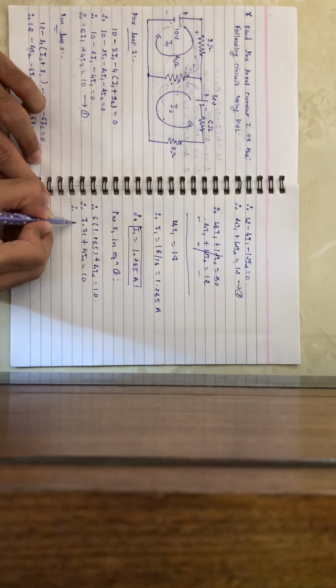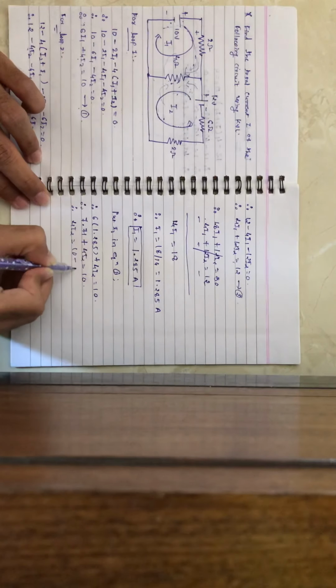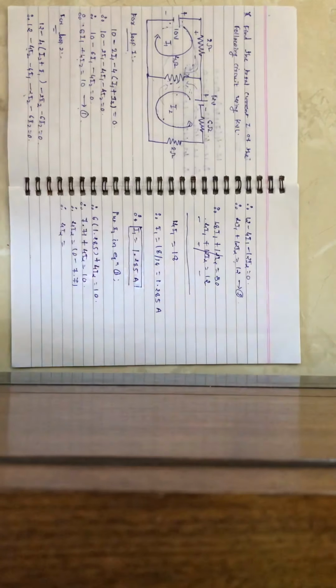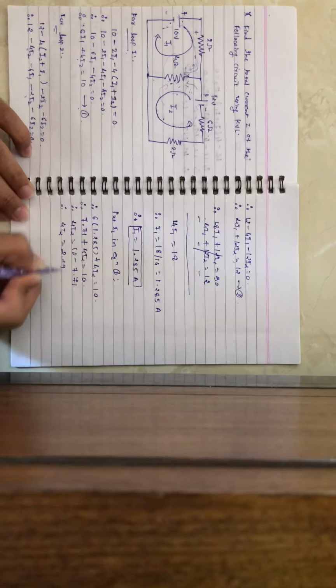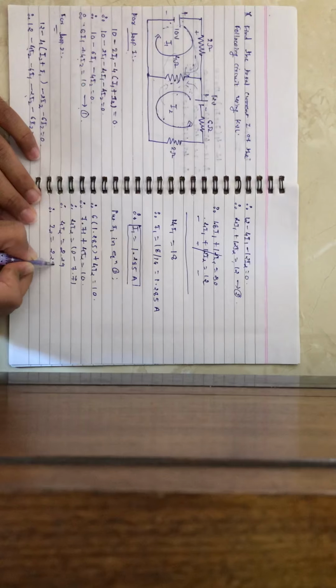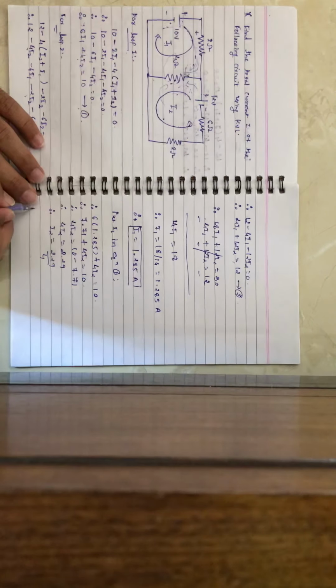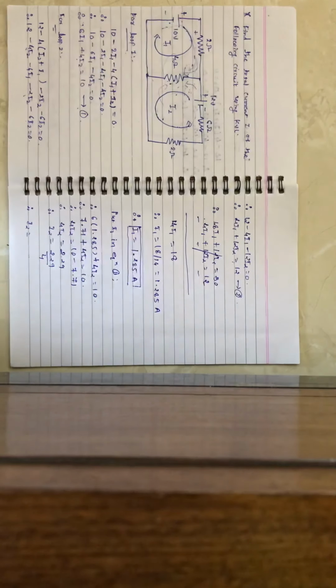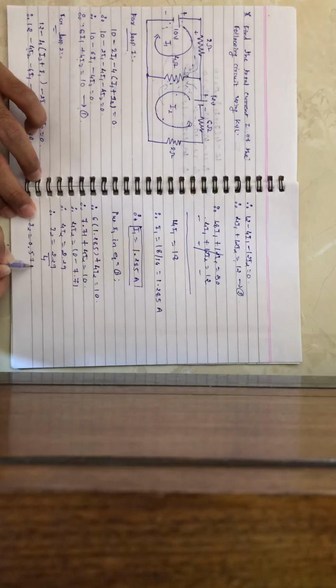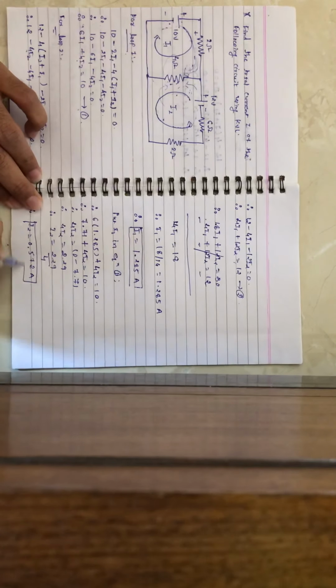Therefore 4I2 is equal to 10 minus 7.71, which is 2.29. Therefore I2 is equal to 2.29 divided by 4, so it is 0.572 ampere.